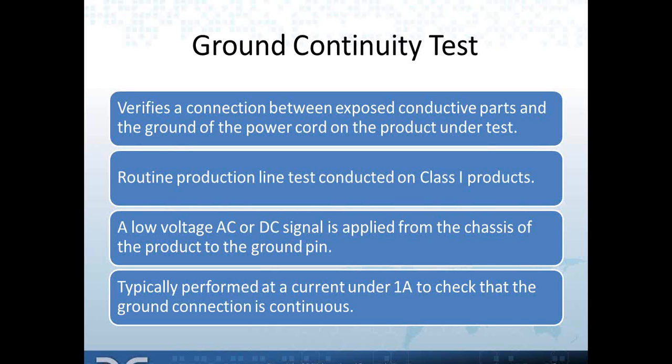Therefore, the test operator has no way of knowing the impedance or strength of the ground connection. A ground continuity test could very well pass a product that has only one strand of wire connecting its chassis to the ground, but if a fault were to occur, this connection may not be capable of handling the input current to the product, and it could create an open ground condition and a shock hazard.